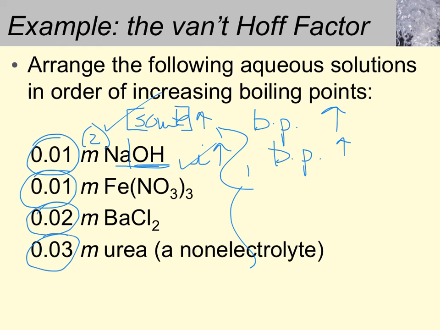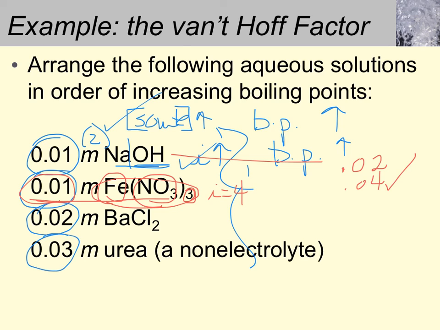So 0.01 times 2 is, let's go over here with that, 0.02. The second one, multiply 0.01. What is the I Vant-Hoff factor for iron nitrate? It is actually 4, because I get 1 iron and I get 3 NO3 ions. So 4 times 0.01. So far this one's got the biggest effect. 0.02 times, what's the I factor for this?